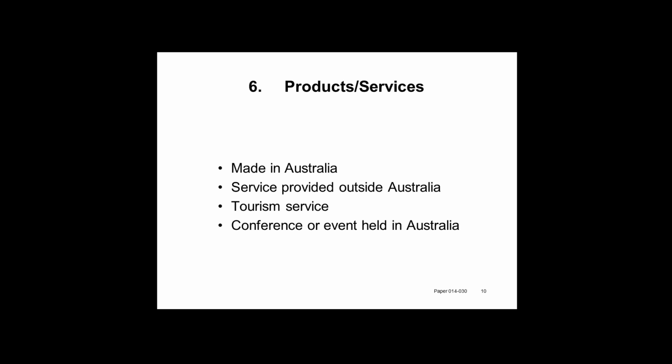Tourism activities in Australia are claimable. So anything to do with promoting tourism in foreign countries is an eligible expense under the Export Market Development Grant. Conferences or events that are targeted at overseas attendees, even though they're held in Australia, can be claimed under the Export Market Development Grant.